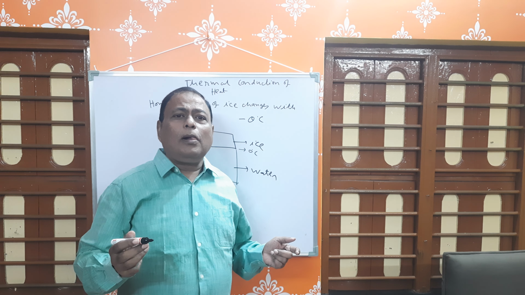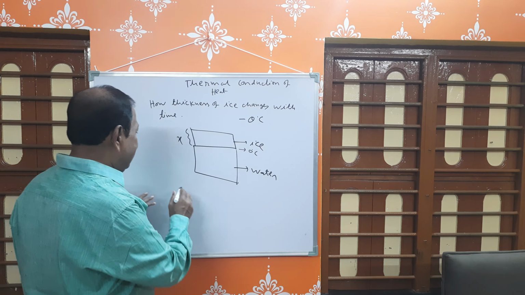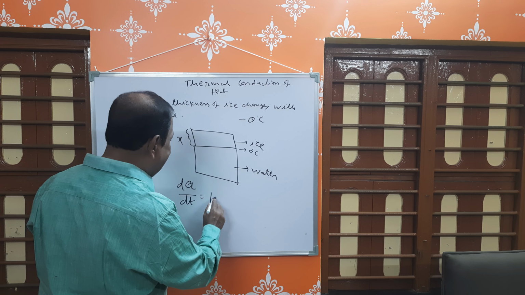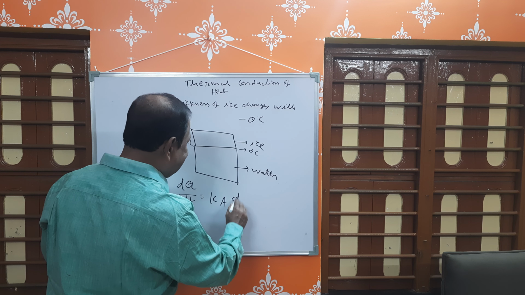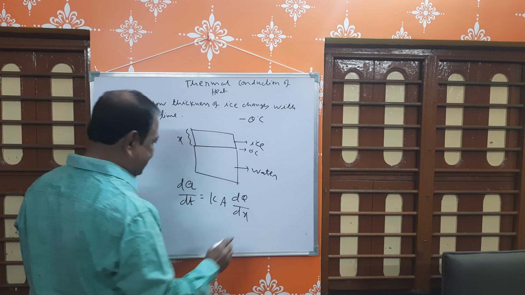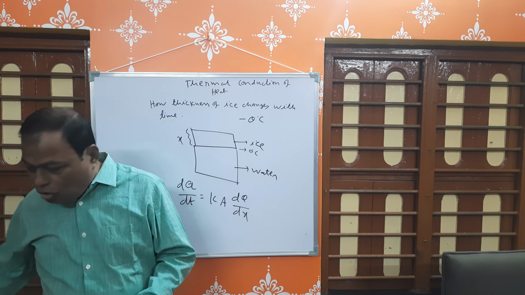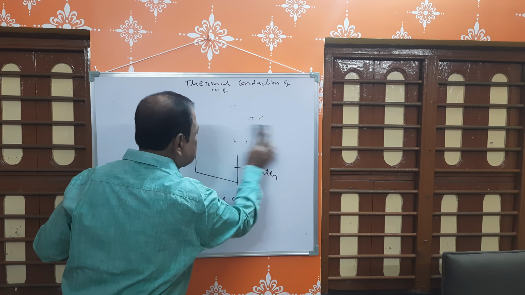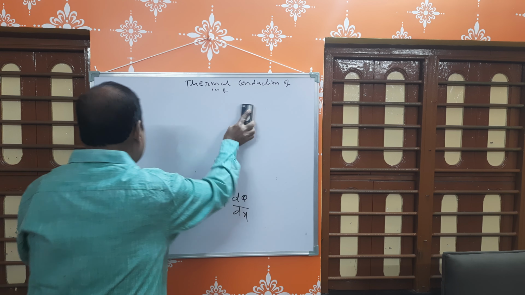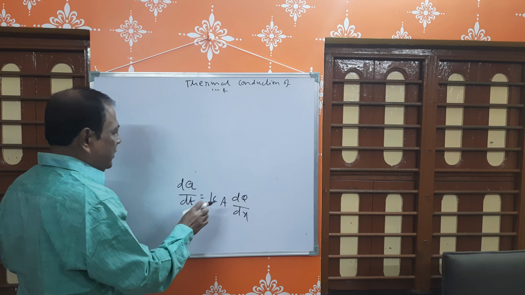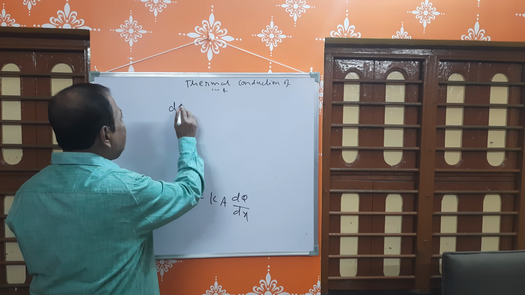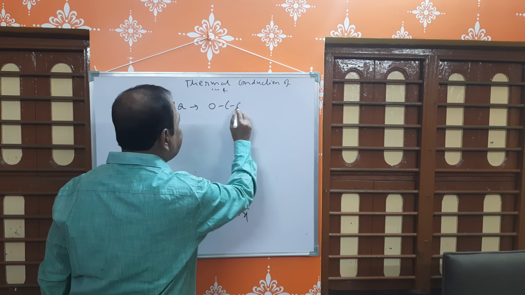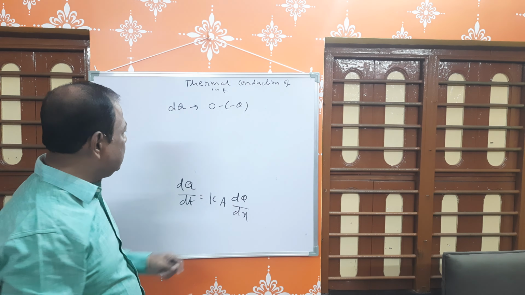Then you know the conduction equation, tell me, that is dq/dt is equal to k A d theta/dx. So I can write down, d theta can be replaced by 0 minus theta, the temperature difference.